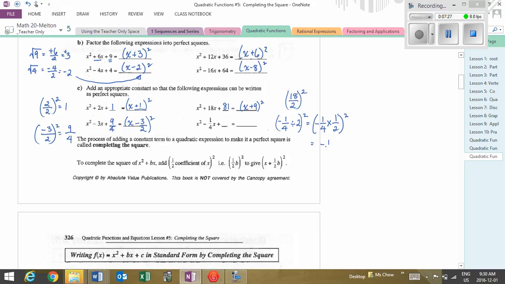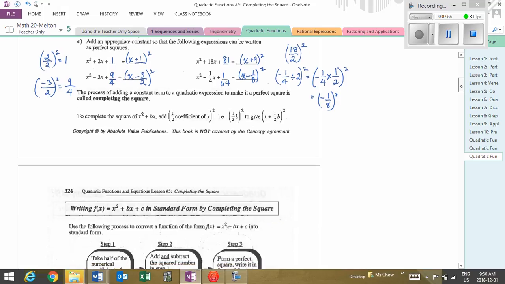So then that is -1/8 all squared, which is going to give us positive 1/64. So that is my c term, and then to factor it, I will have x and -1/4 divided by 2, or multiplied by 1/2 is -1/8. That, of course, is the same as 1/64 square root. So x minus 1/8 all squared.